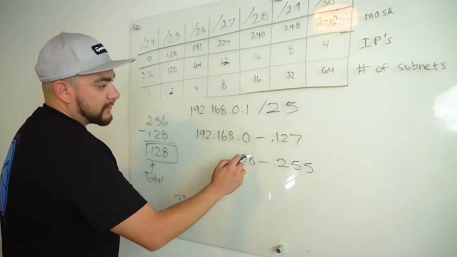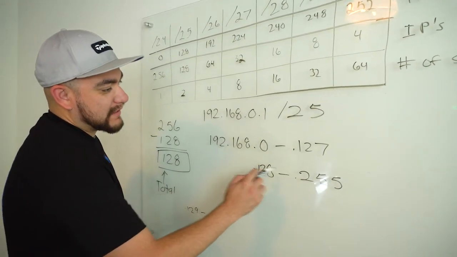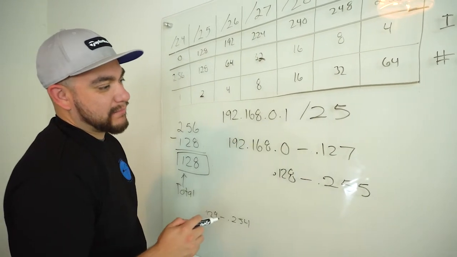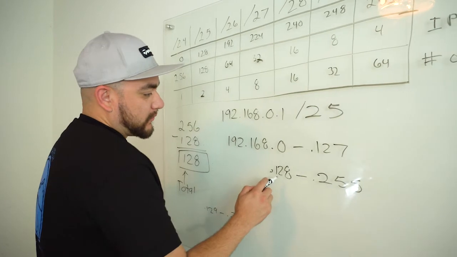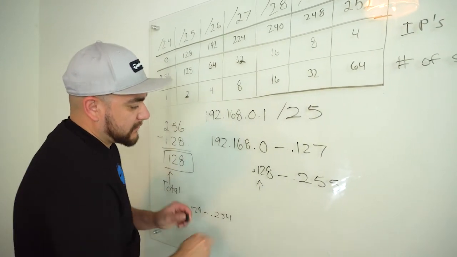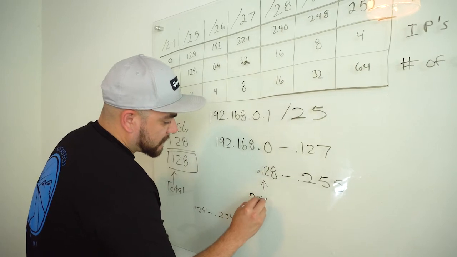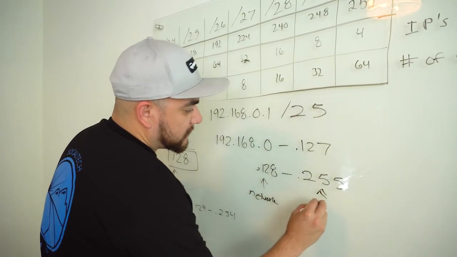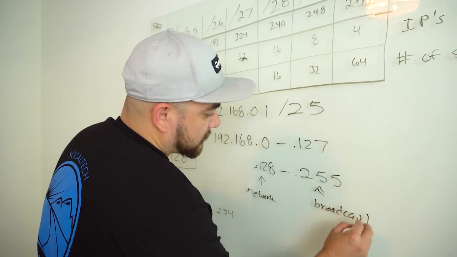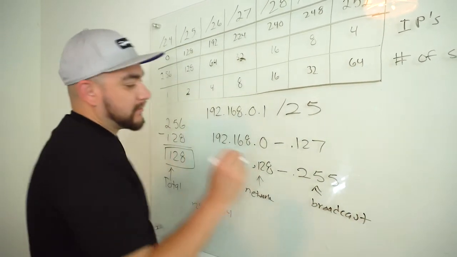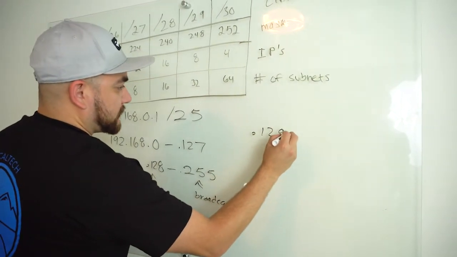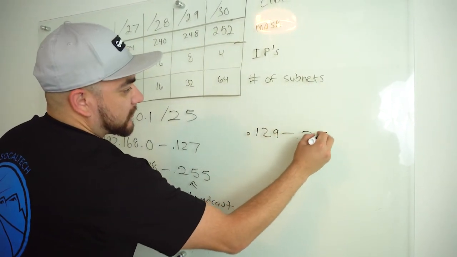So we were able to further break this down and make another subnet within this mask from 128 to 255. 128 is our network. 255 is our broadcast. So the usable IPs here are .129 to .254.